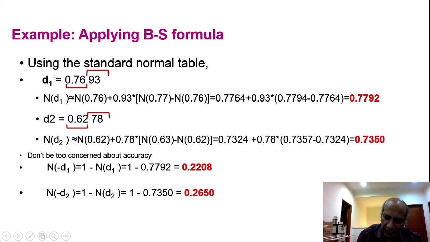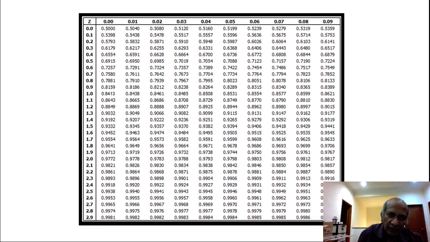How to interpret this is that you look at the row 0.7 and go to the column 0.06. There you are, 0.7764.